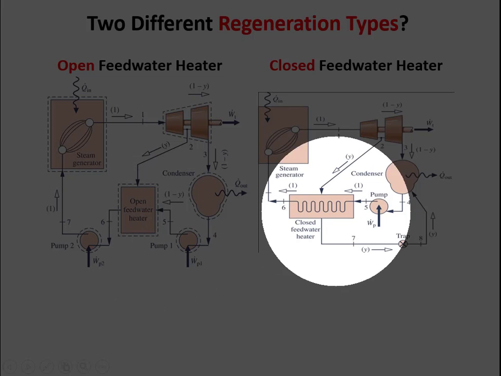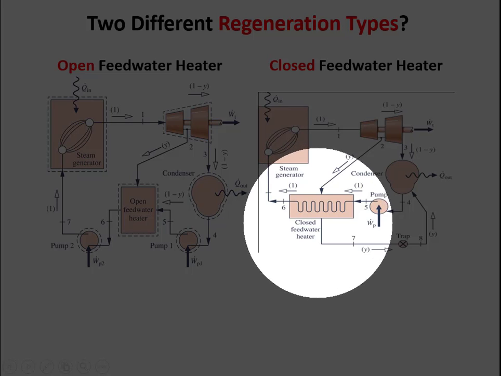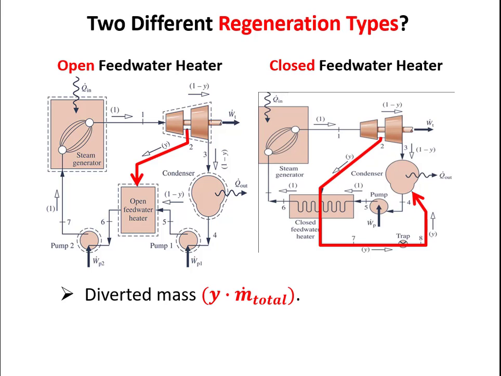Our closed feedwater heater works a little bit differently, where we have our hot fluid and our cold fluid, and they never touch. Here, the hot fluid moves in a heat exchanger where it's isolated from the cold fluid, and they transfer heat between each other, but they don't transfer mass. So in both cases, we have a diverted mass flow that goes on our red line. The red lines look a little bit different here.